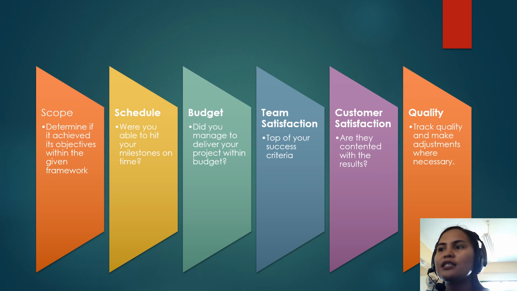So these are the 6 ways to measure project success. First, you need to check the scope if this is attained. Second, the schedule, if the project is done in a given framework. Third, the budget, if your budget is enough or not. Fourth, the team satisfaction.